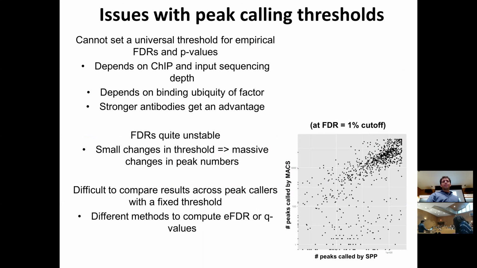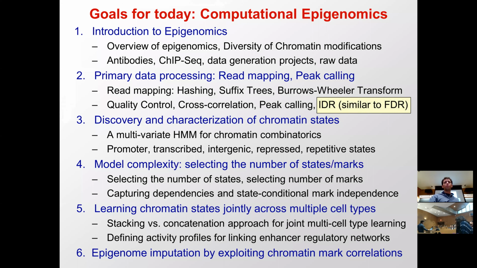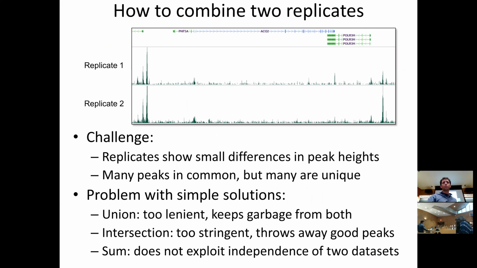So the problem is that as you sequence experiments at different depths, they can lead to different thresholds for peak calling. And those thresholds can have a very big effect on reproducibility. For example, if I sequence one experiment more heavily than the other, one is going to have 100,000 peaks, the other is going to have 20,000 peaks.